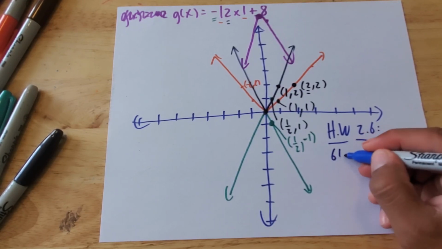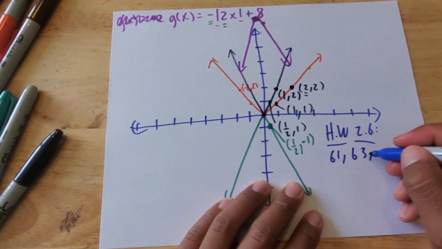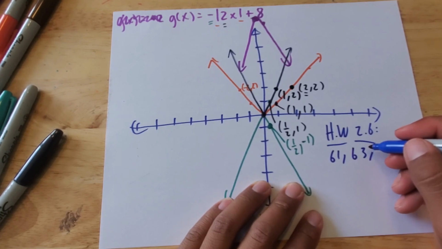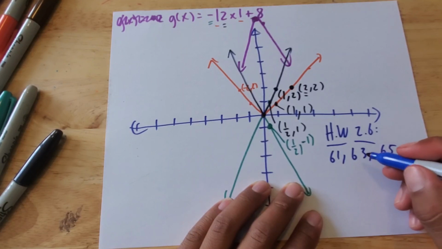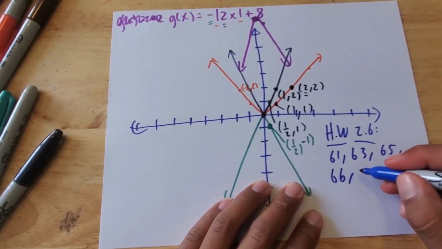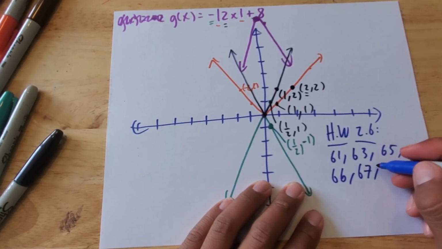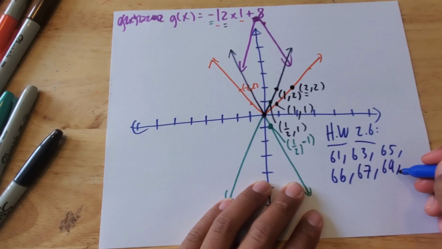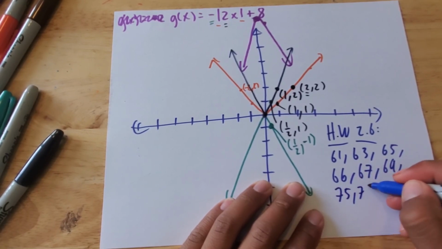Let's do 61, do 63. 63 is good, 65 is good, 66, 67, let's do 69, and let's do 75, 77. I think those are good.